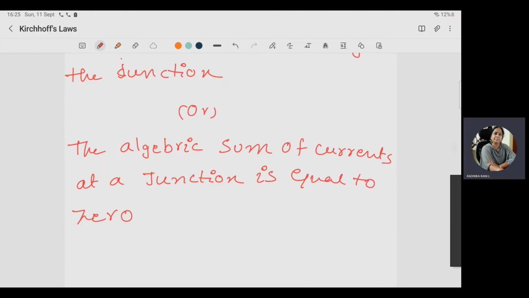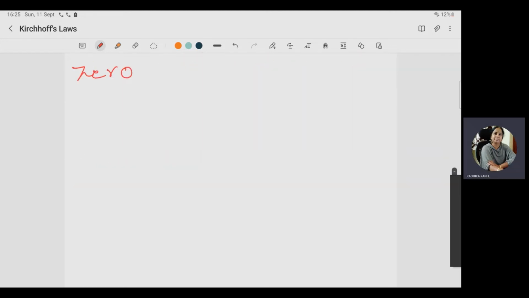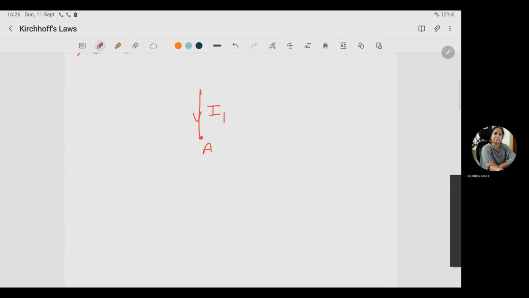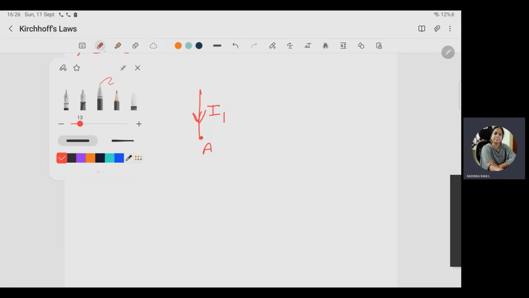How to apply KCL for an electronic circuit? Suppose we take one point, this is the point A. For this point A, the current I1 is entering because the direction is entering here. Next, take another current, I2.